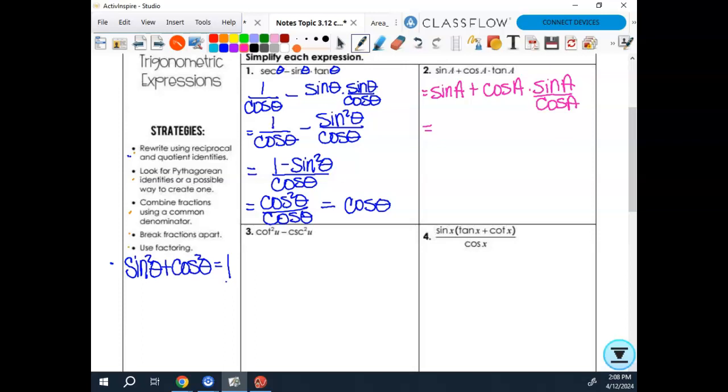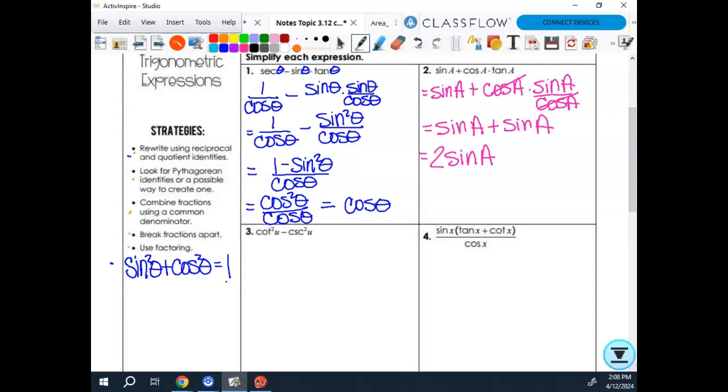Can I cancel anything out right here? Yes. I can cancel the cosine A's out. Yes? Okay. So then I get sine of A plus sine of A. And what is that? 2 sine A. That's it. Good job. You got two of them. All right, we all good?